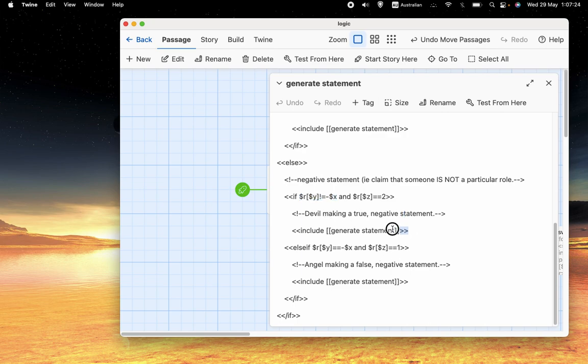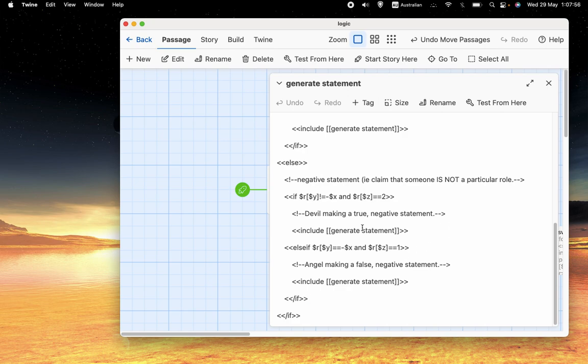And therefore that's not something that can happen, and so therefore we need to include the generate statement. In other words, try again. And similarly, if RY is equal to minus X and RZ equals 1, in other words, if the being making the claim is the angel, and if RY is equal to -2, then the claim that they don't have that role is false, and therefore we need to include the generate statement.